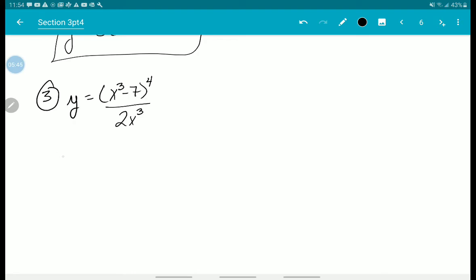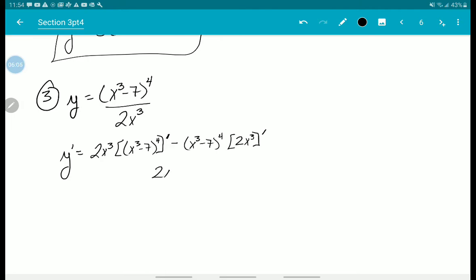So let's set up our quotient rule. Quotient rule says it's the bottom times the derivative of the top minus the top times the derivative of the bottom over the bottom squared.